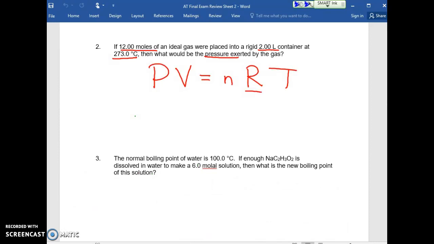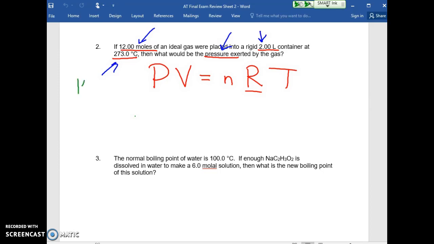Number 2, notice you're given moles. You are given volume of a gas. You're given temperature. You're given pressure. Well, guys, you have to use the ideal gas equation, PV = nRT. If you're given this, but if you had to remember it, that would be the way to do it. Now, of course, you have to be careful. That is degrees Celsius.